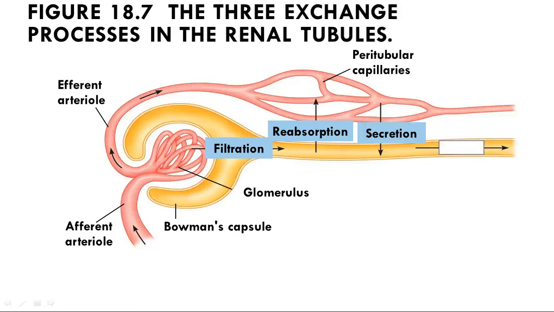Once this modification, reabsorption and secretion, is done, once the filtrate travels through the collecting duct, we can call it what? Urine. And then at some point, you're going to excrete it. Physically eliminating it from your body is the process of excretion.